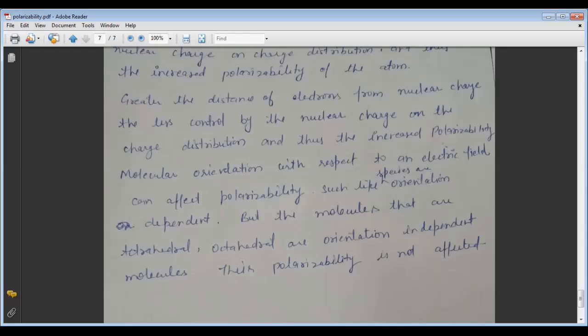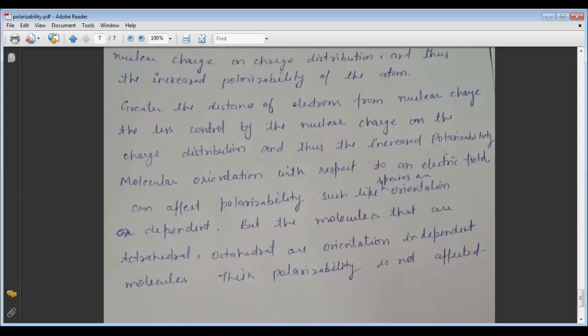Molecular orientation with respect to an electric field can affect polarizability. Such species are orientation dependent, but molecules that are tetrahedral or octahedral are orientation independent, so their polarizability is not affected.